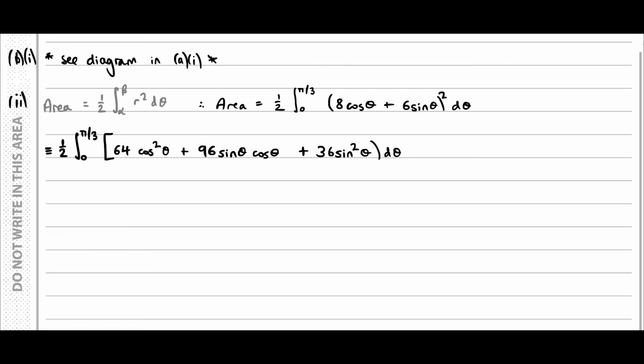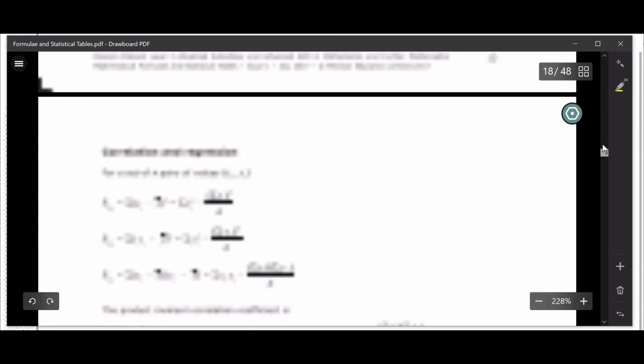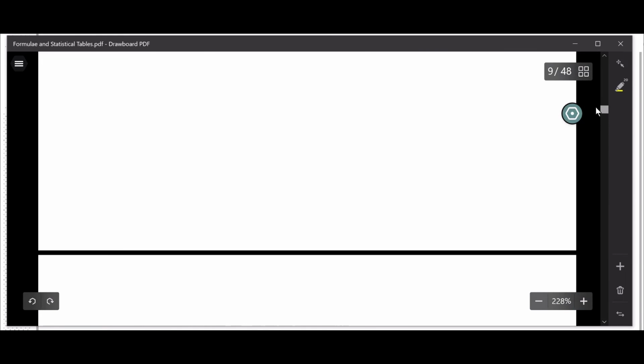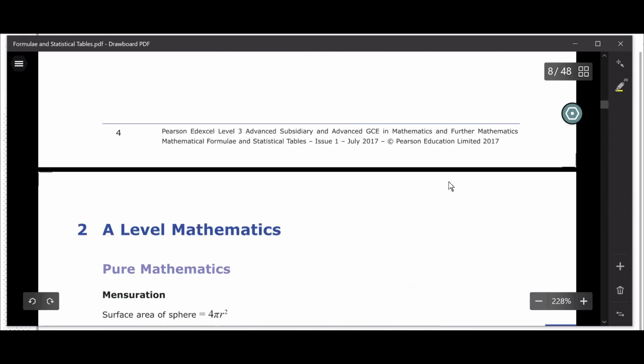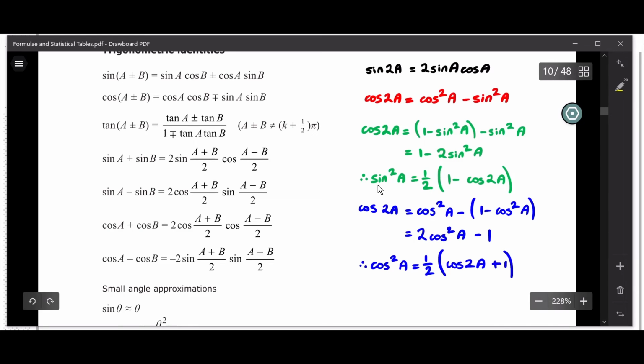And we can use the formulas given to us from the formula book under the regular A-level maths section. I've already written out the formulas over here. Cos squared A is equal to a half times cos 2A plus 1. Sine squared A is equal to a half lots of 1 minus cos 2A. And sine of 2A is equal to 2 sine A cos A. And hopefully by now you should be familiar with these equivalent identities.